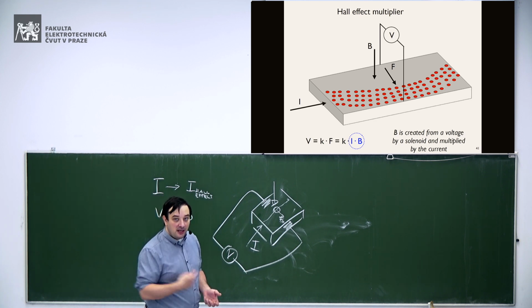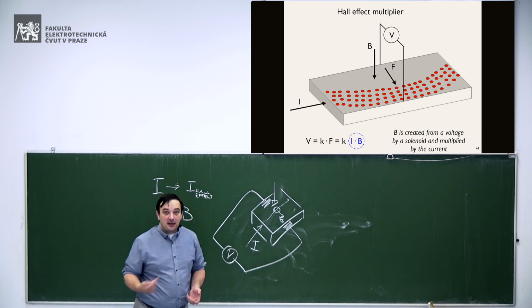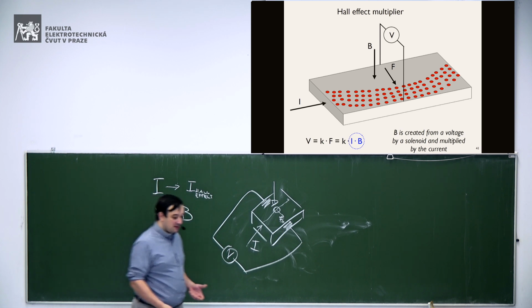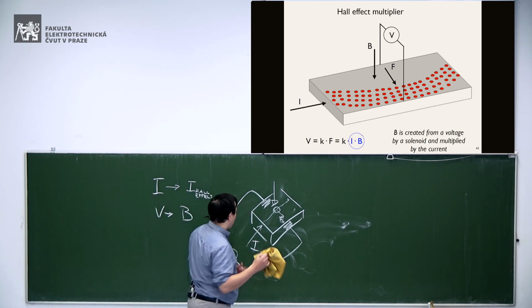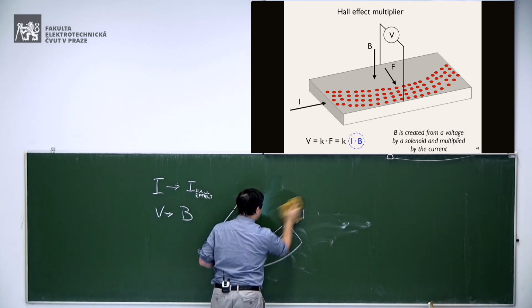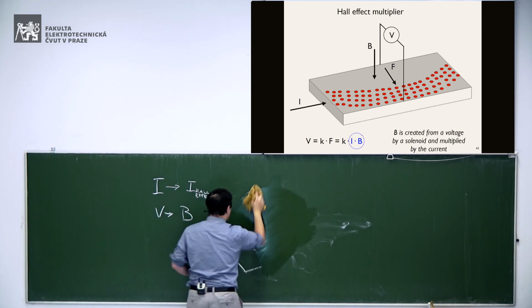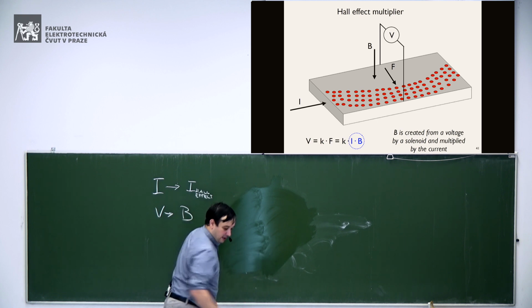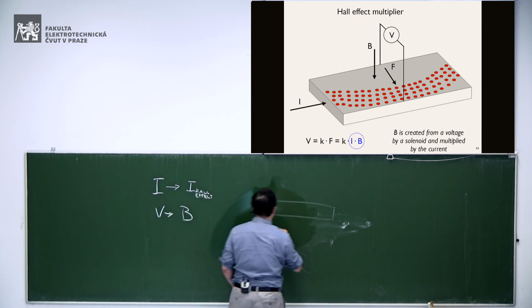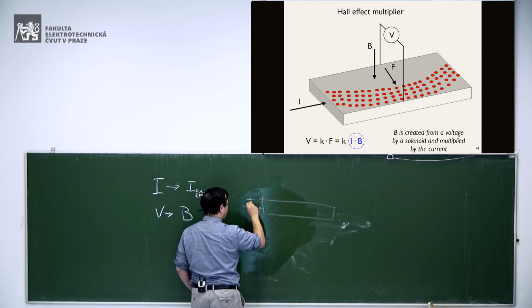The coil will have, therefore, a current, and the current will generate a magnetic field. So, for instance, here, above this, let me draw it again. Let's say that you have a chip like this from the side. You inject a current here.